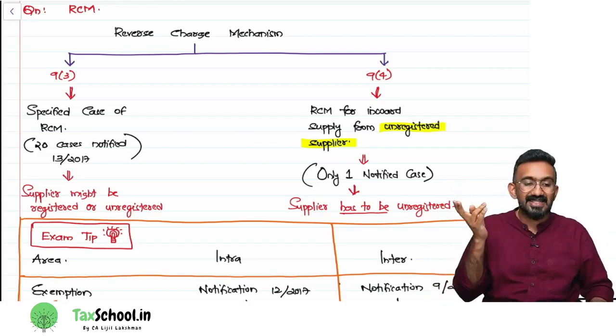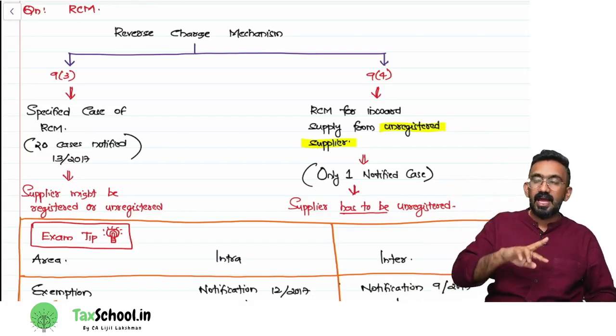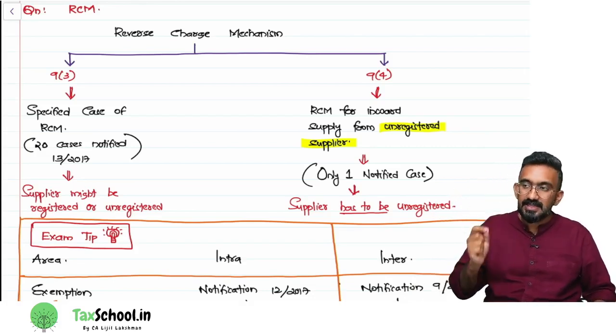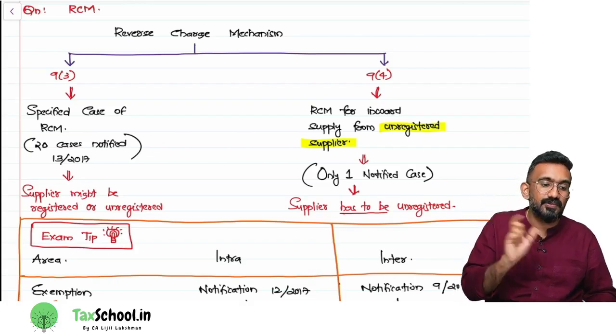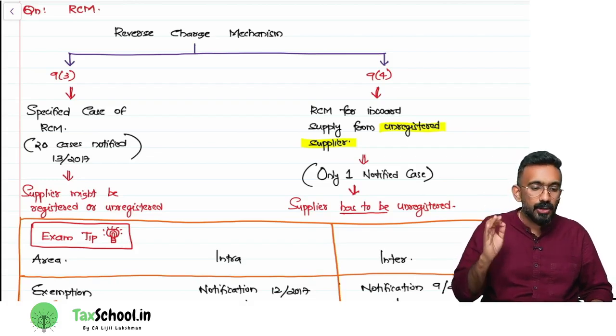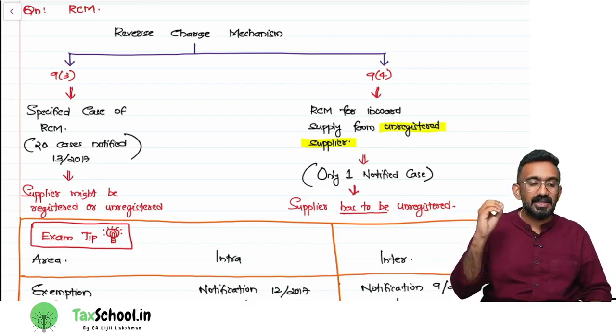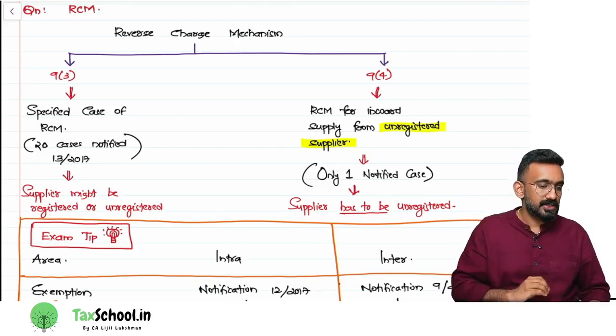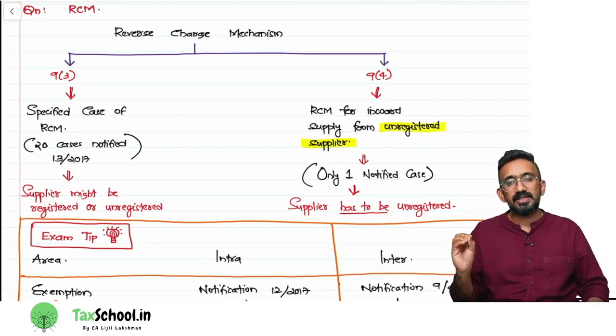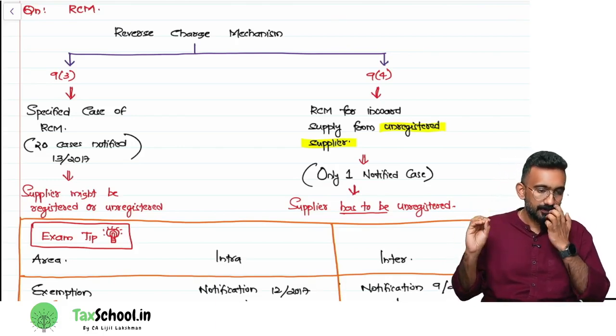Now let's try to understand the difference between 9.3 and 9.4. In 9 subsection 3, I have given a name called specified cases of RCM. There are 20 odd cases which are given in notification 13/2017 where recipient will pay taxes. 20 cases where recipient is paying taxes in services instead of supplier.